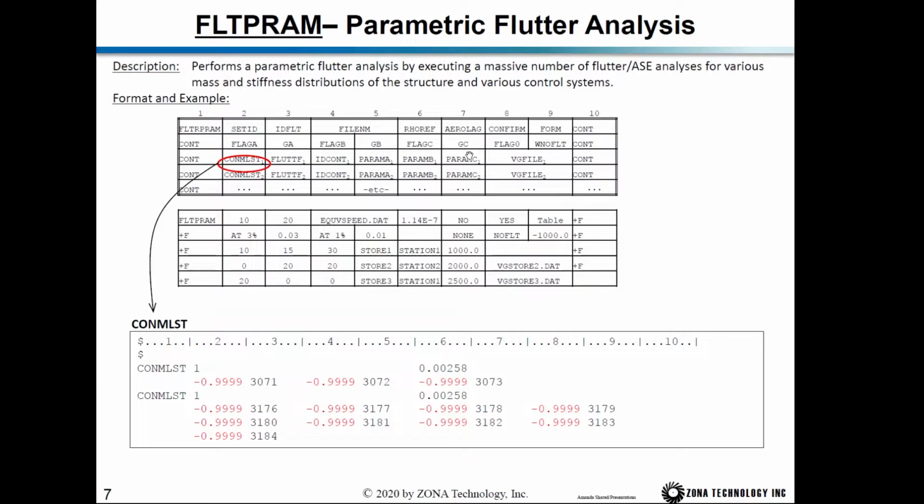If the damping curve crosses 2% of damping, this flag will appear in the summary table. If the damping curve crosses 1%, but it does not cross 2%, this flag will appear. If the damping curve crosses 0%, but it does not cross 1%, this flag will appear. If there's no flutter, this flag 0 will appear. And in this case, the flutter frequency default is negative 9,999 Hertz. And this is an open-ended card.